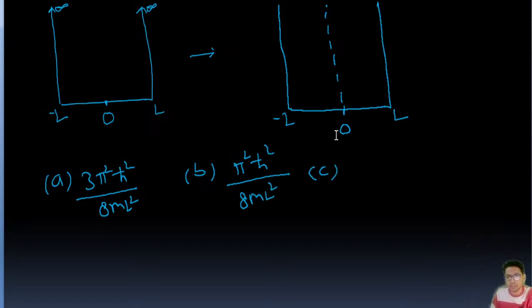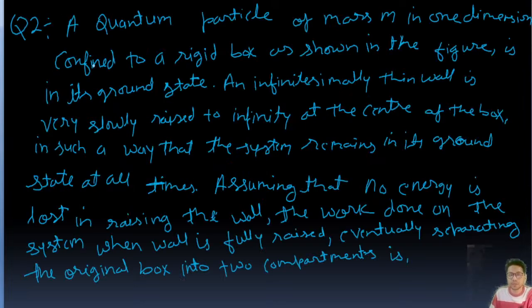Option C is pi square h square upon 2 ml square, and option D is 0. So this is the question.